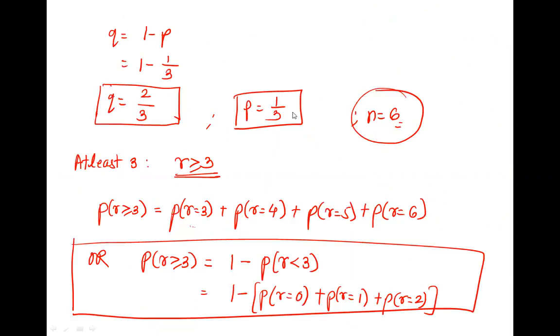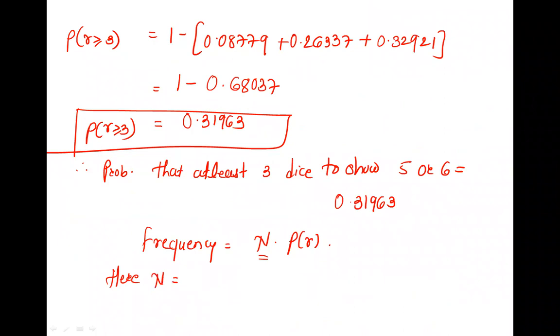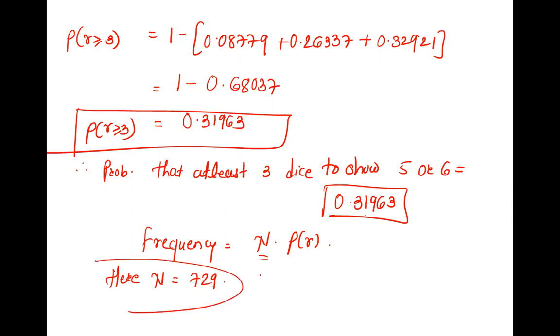So N is 729. If you multiply that probability with the given number, we get the frequency. So frequency is equal to N, 729, into the probability, which we have already found, 0.31963. Do this, you will get the answer.